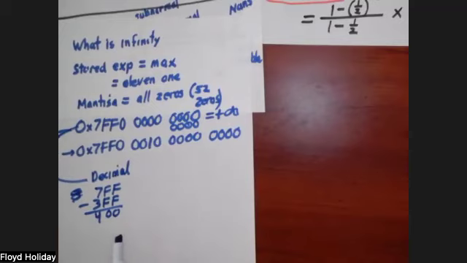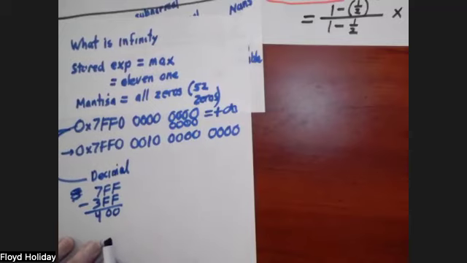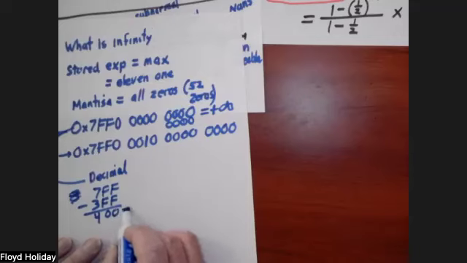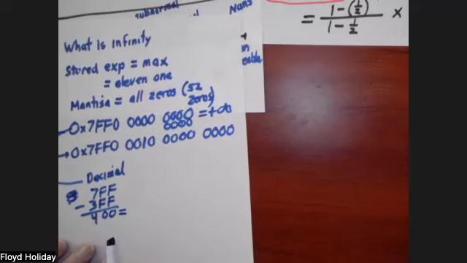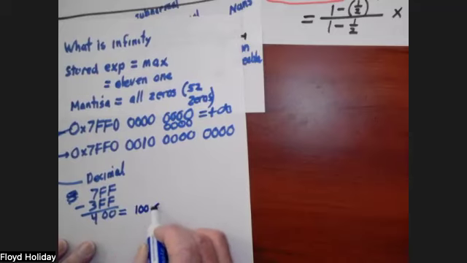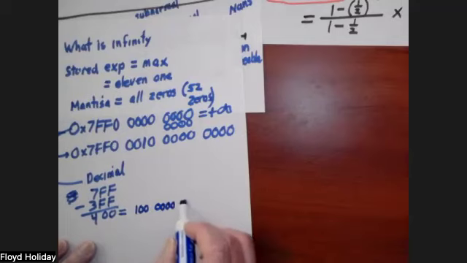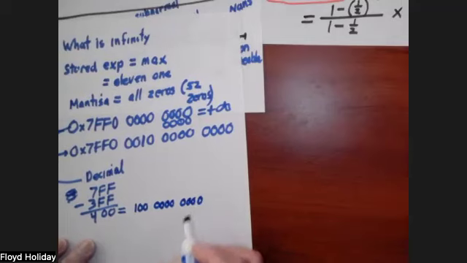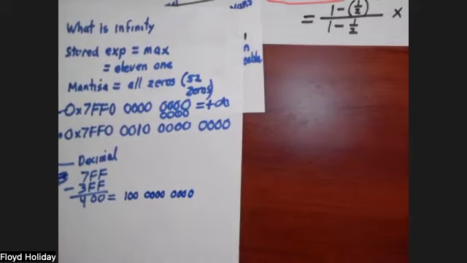And then the mantissa part, how do you translate that to decimal? That means 4, 1, 2, 3, 4, 1, 2, 3, 4. Whenever you have a 1 followed by some zeros, a lot of zeros or few zeros, it's always equal to 2 raised to the number of zeros.